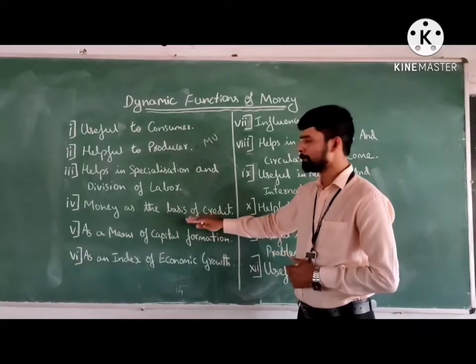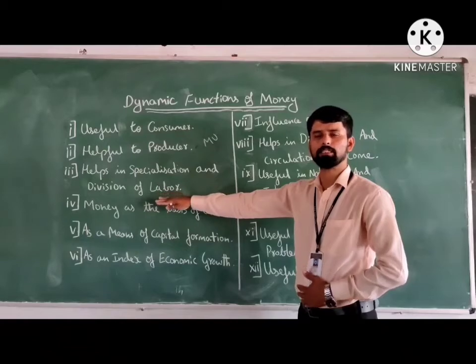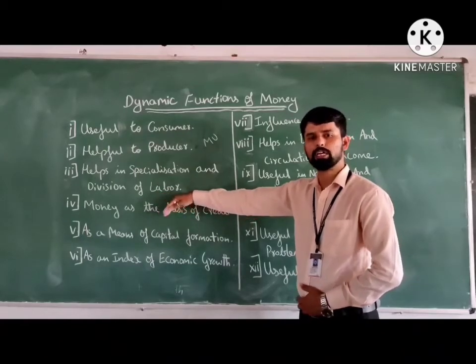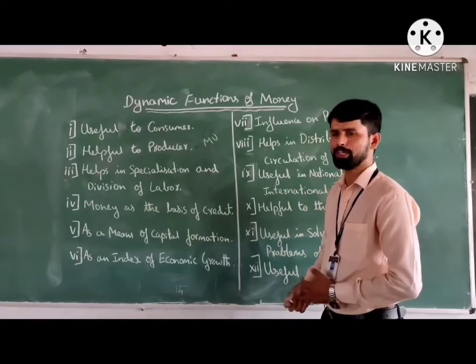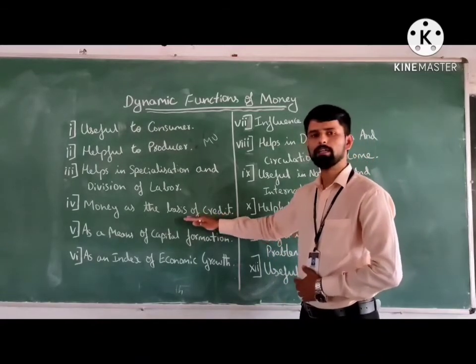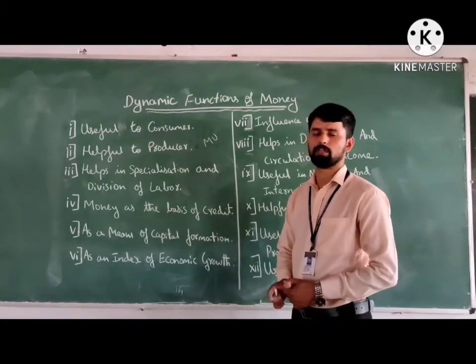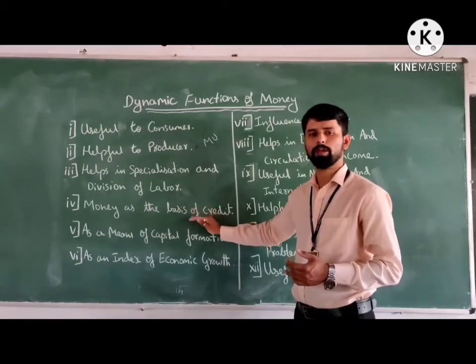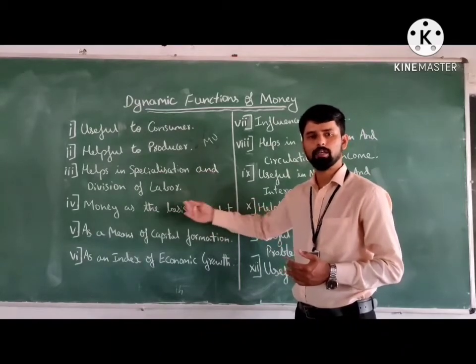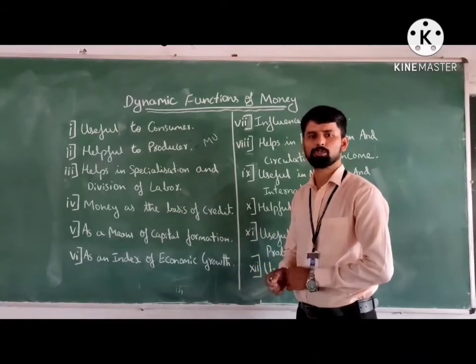So that's why money, which is saved by the people as deposits and which is converted into investment or credit, is the basis for credit to the individual, credit in the business. Money is the basis of credit that is created by banks, because credit creation is the main function of commercial banks.